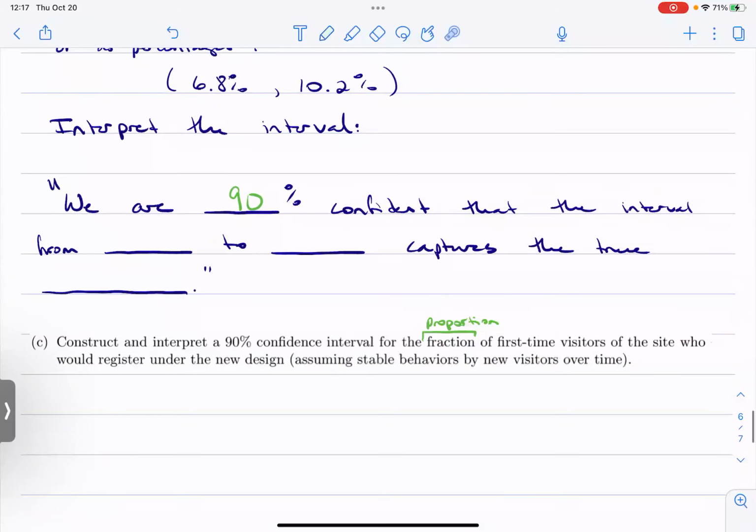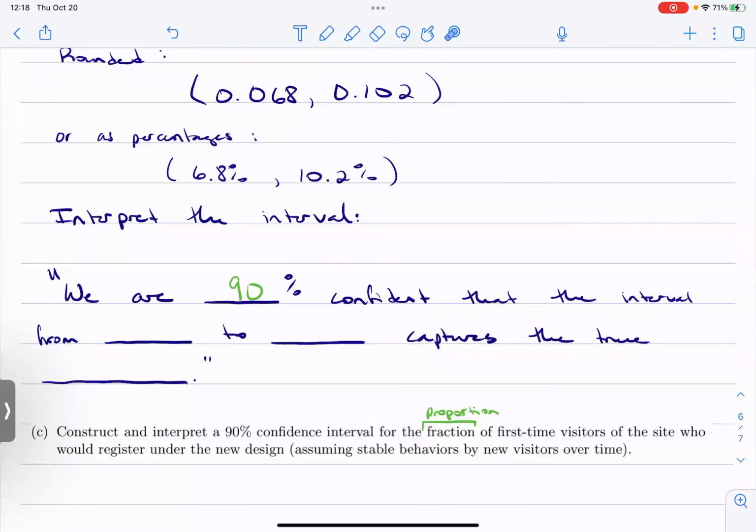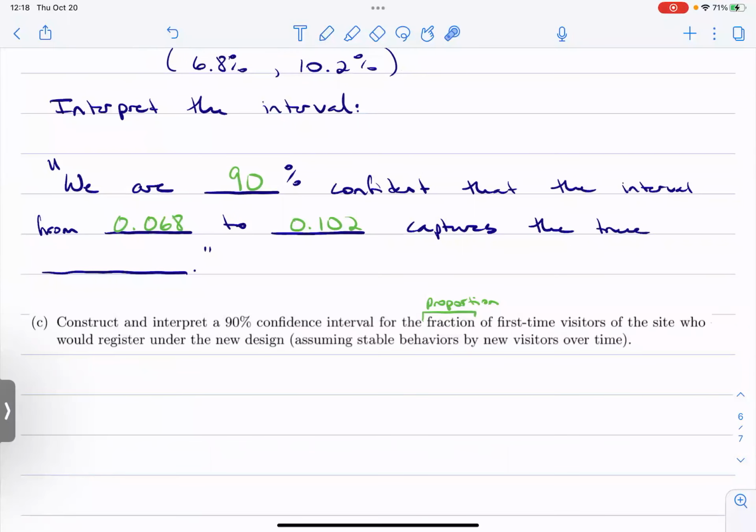But we're 90% confident that the interval from 0.068 to 0.102 captures the true, and this is where we steal from the question, the true proportion or fraction of first-time visitors of the site who would register under the new design.